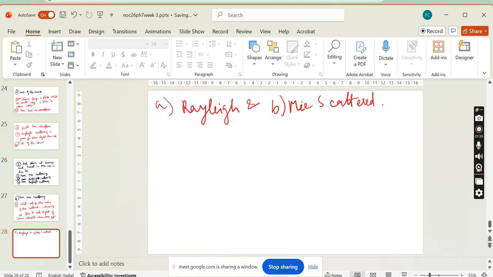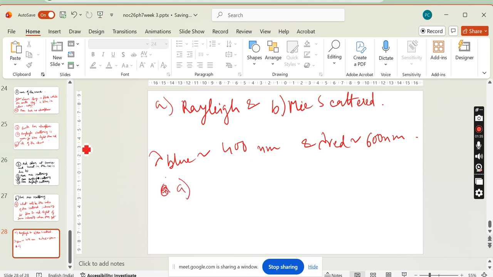So when the lights are getting scattered, lambda blue is around 400 nanometer and lambda red is around 600 nanometer. So the options are A, 81 by 16, B, 81 by 16 comma 1.